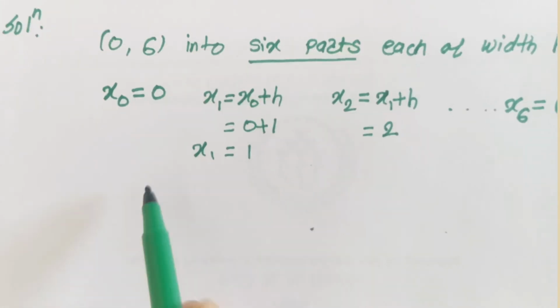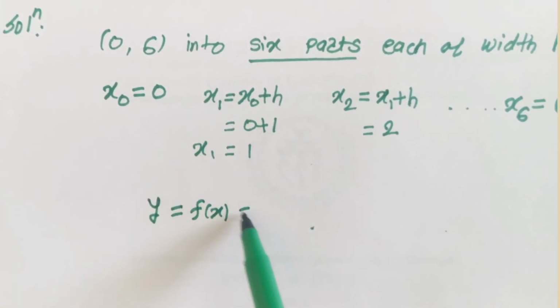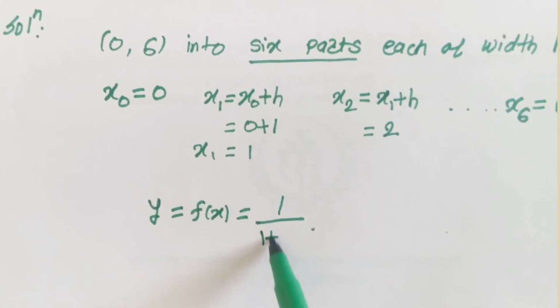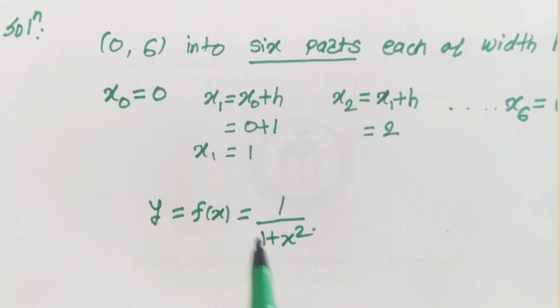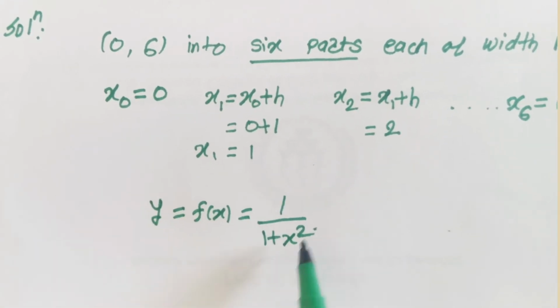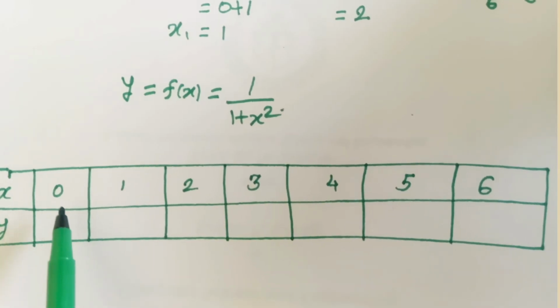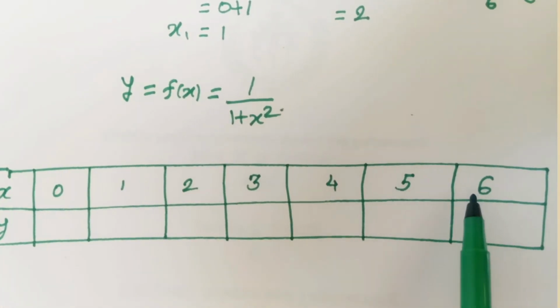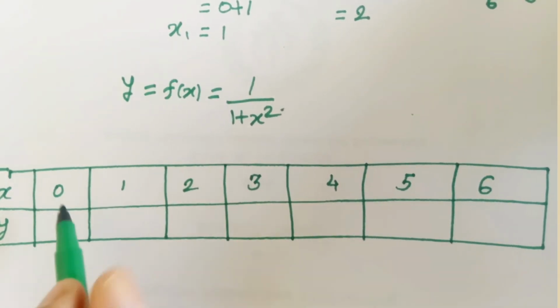So here y is our function, that is f of x equals 1 upon 1 plus x square, and we know the value of x, so we put the value of x in this function and get the corresponding value of y. Therefore, the table values of x from 0 to 6.